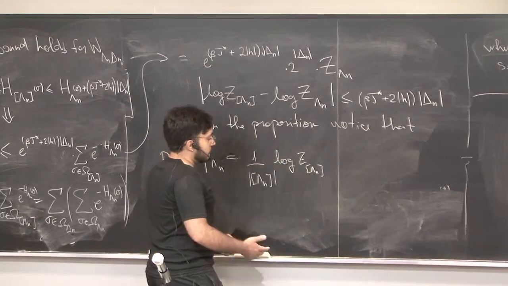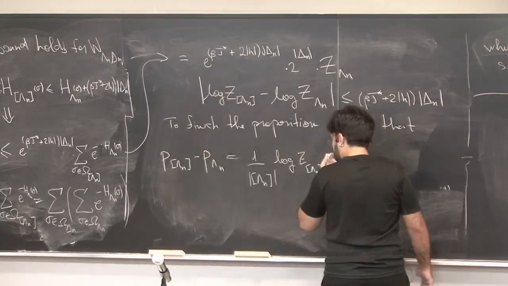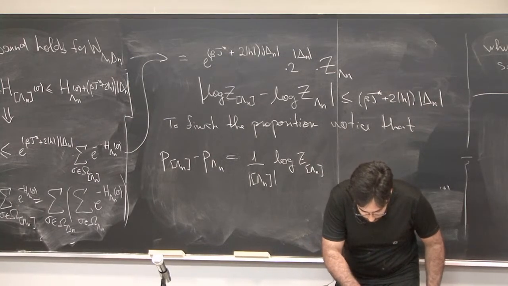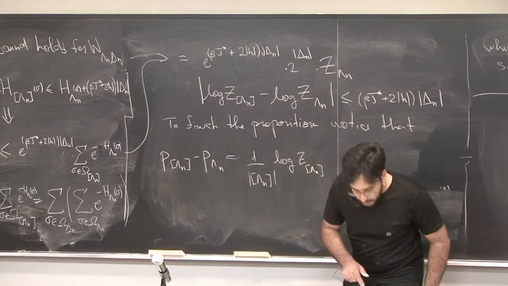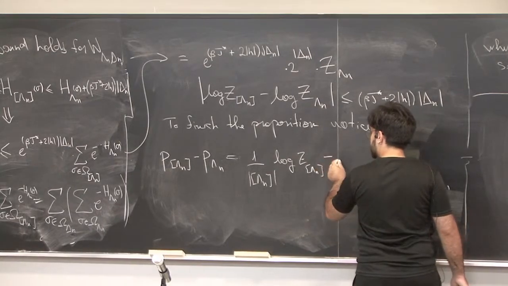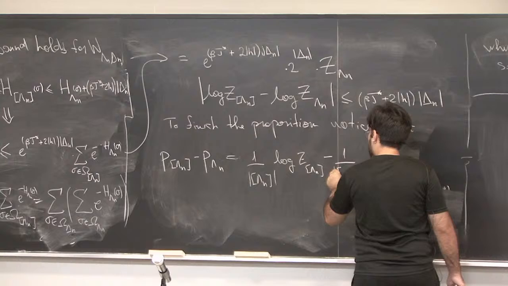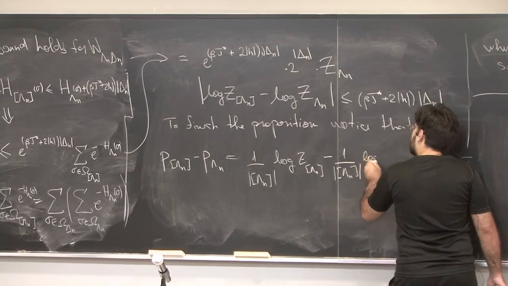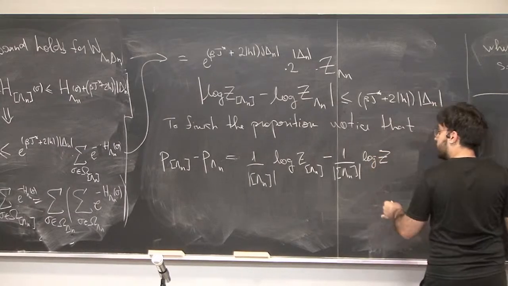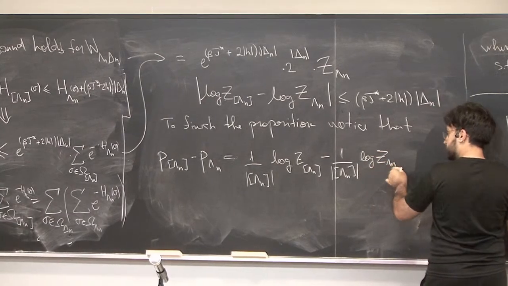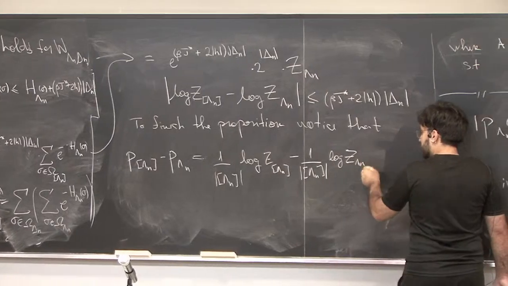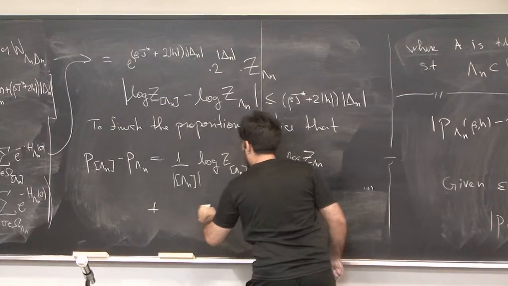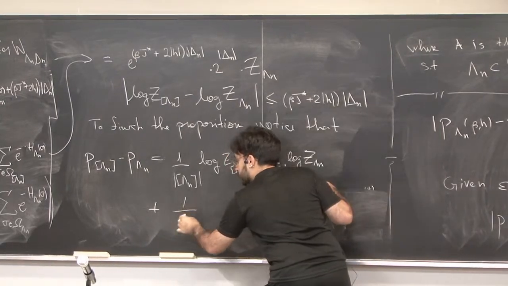Now I sum and subtract something special, and it will be this 1 over the size of the cover, but now I take the logarithm of z lambda n plus this term that I just added.